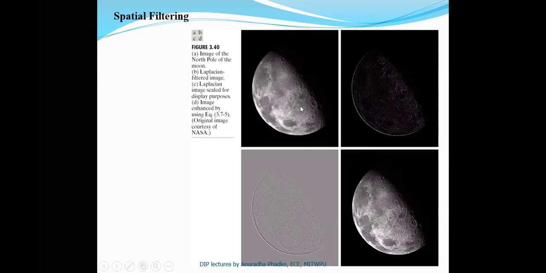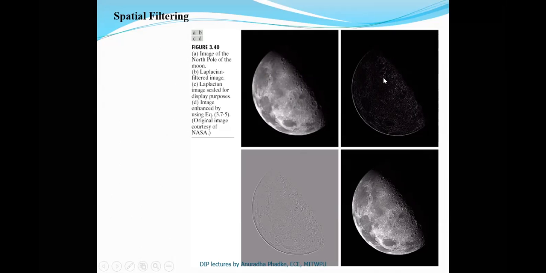If you compare these two images, you can easily say that here all the borders of these small objects, or these small surface regions, all these borders are sharpened as compared to original image. So this is image sharpening operation. Here this image is generated by adding this edge detected image with original image.